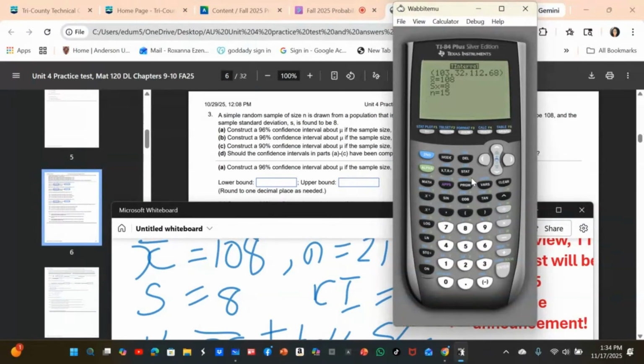Let's do the same thing. Go to STAT, arrow to TESTS, and we do TInterval with a decreasing confidence level of 0.90.